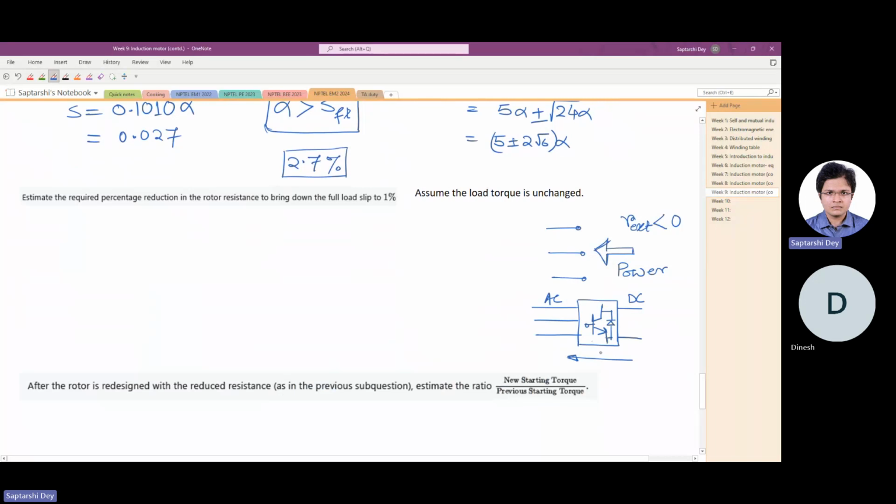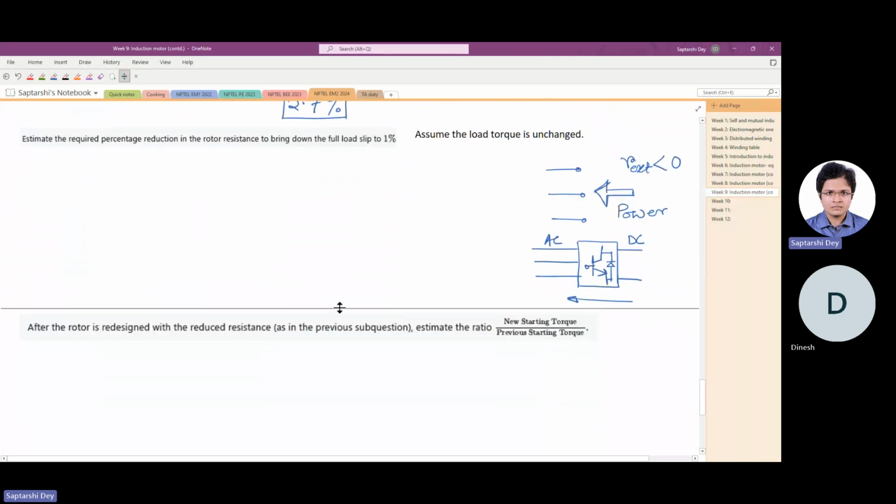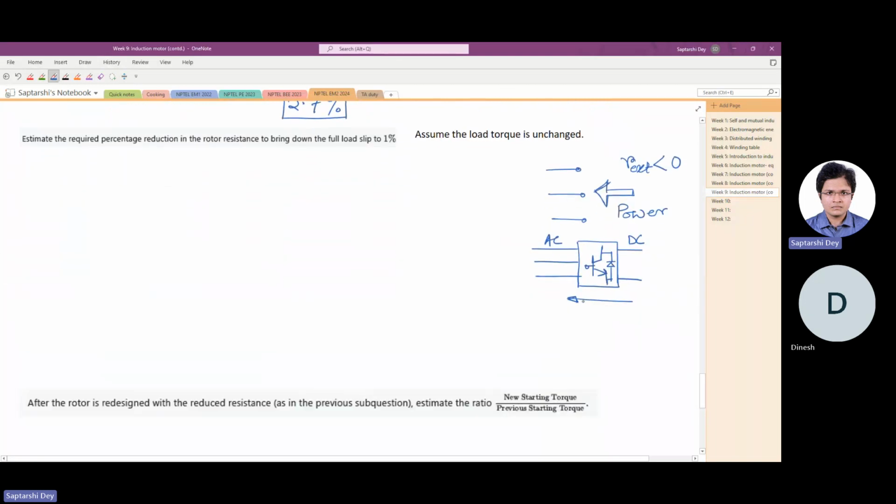Now basically this circuit is a very general circuit. Depending on how you control it in the DQ domain, you can have power in both directions. This is also called an AFE, active front end rectifier.